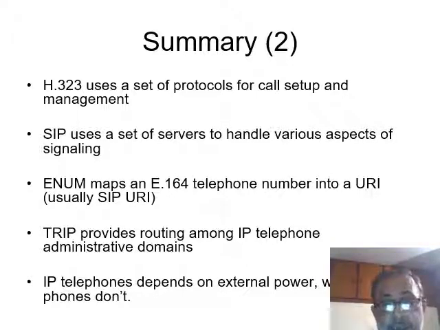TRIP provides routing among IP telephony administrative domains, which divides the world into different domains, basically, so that it is easier to locate a particular user. Then IP telephones depend on external power, while the normal or PSTN telephones do not. Thank you very much.